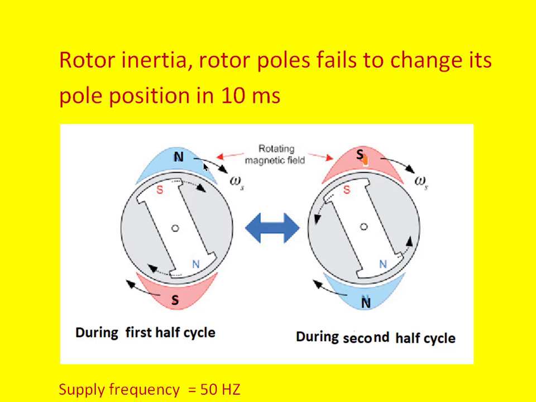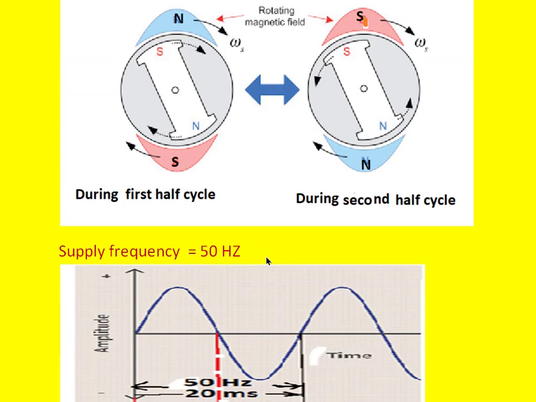But these stator magnetic poles change every 10 milliseconds because the input is a sinusoidal waveform like this. The frequency of the voltage is 50 Hz and its time period, 1 by 50 Hz, is nothing but 20 milliseconds.